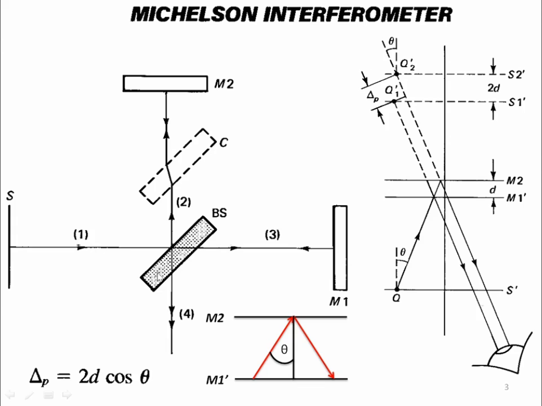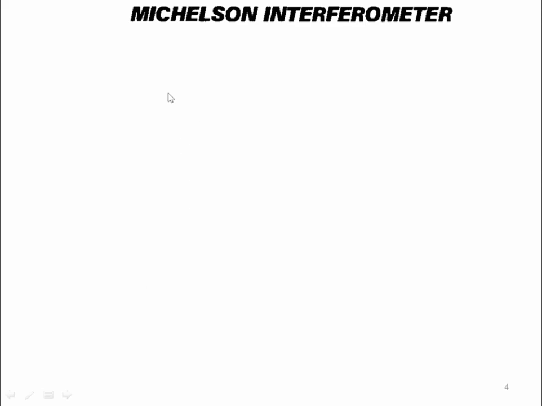So the beam splitter is an optically denser medium, usually made up of glass or other material. So here this suffers a reflection, and this reflection is followed by a phase change of pi, and hence one time it comes here. Let us forget C for the time being. So this goes to the mirror M2. This is also optically denser, so it suffers a reflection here as well. So again there will be a phase change.